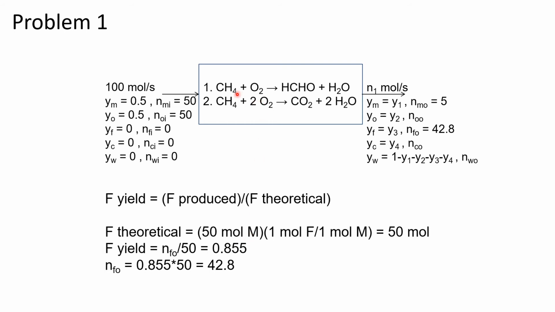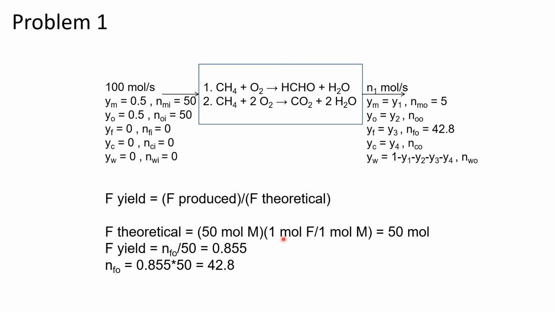Actually, if you look at just this reaction here for the production of formaldehyde, the two are in a stoichiometric ratio. So what we're going to use for the calculation of the theoretical amount of formaldehyde produced is the flow rate of the methane coming in, because that's what we really want to do, convert all that methane to formaldehyde. So we have 50 moles of methane coming in. If we were to convert all that to formaldehyde, according to the stoichiometry of this reaction, we get 1 molecule of formaldehyde per molecule of methane.